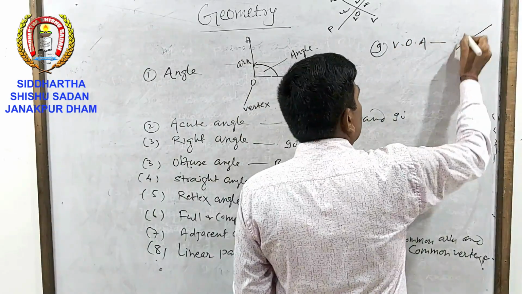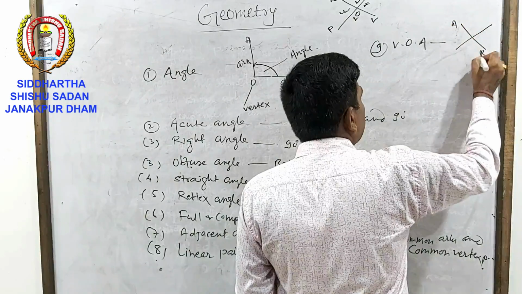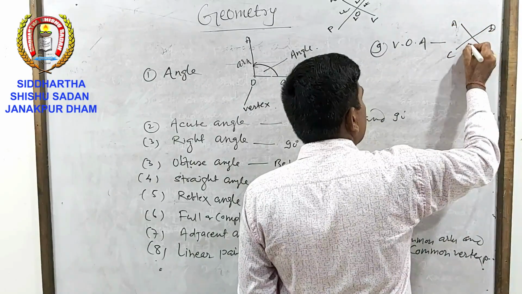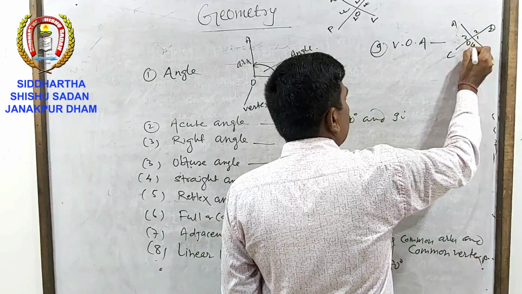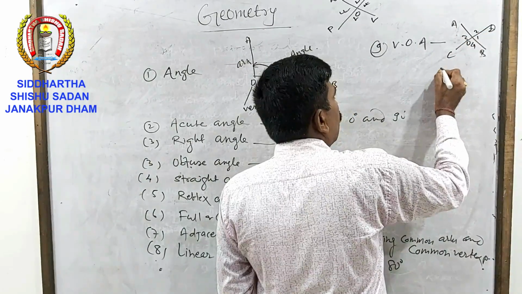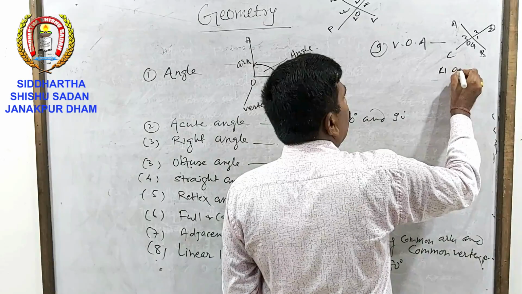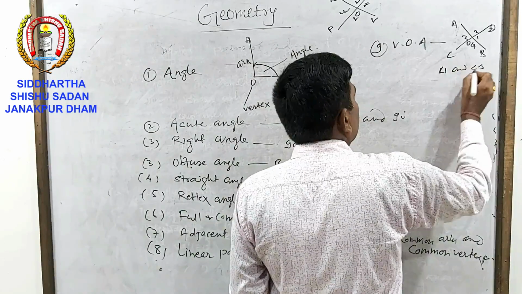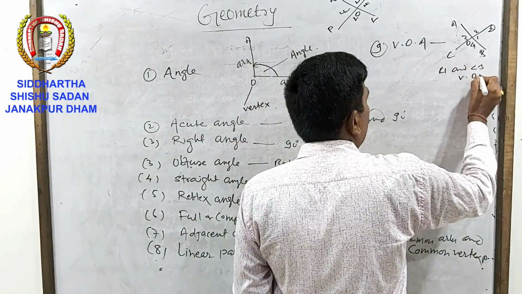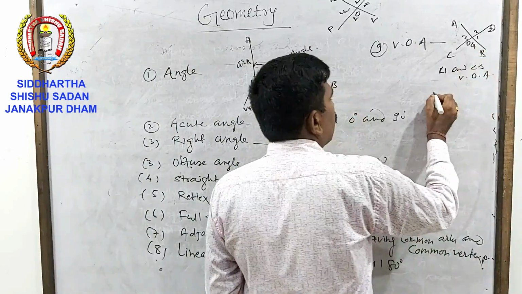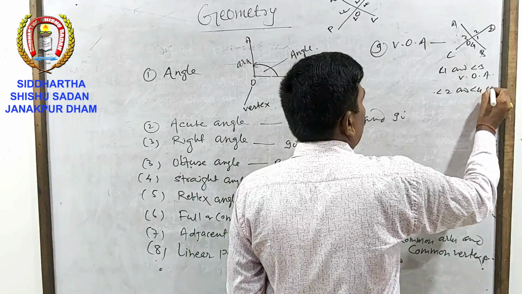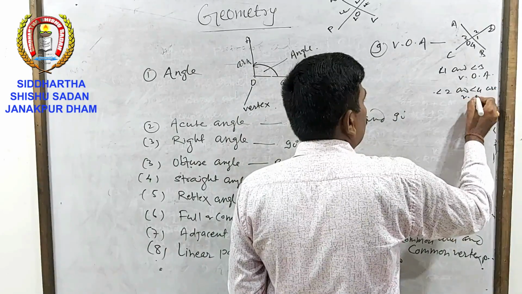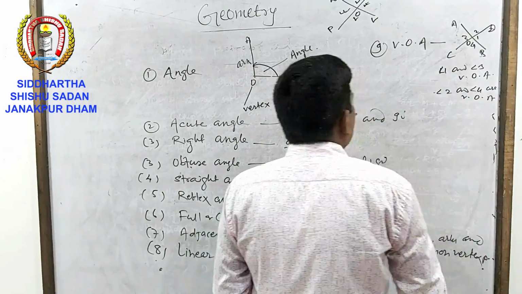That means A, B, C, D, there is a O. Suppose 1, 2, 3, 4. That is angle 1 and angle 3. They are the vertically opposite angles. Similarly, angle 2 and angle 4 are vertically opposite angles.